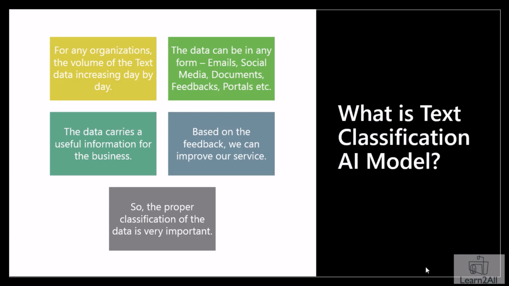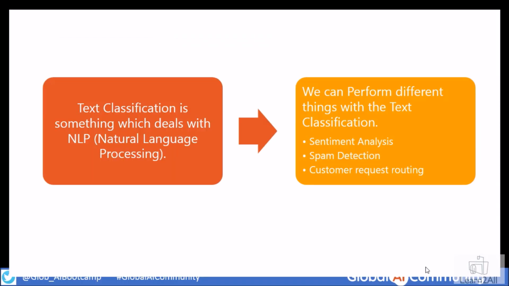So the proper classification or categorization of data is very important. I know this is a theoretical concept, but nowadays any organization has a very large amount of data, so it's not always possible to read each individual item to categorize it and understand what the text means. For that, AI Builder is a boon for us.